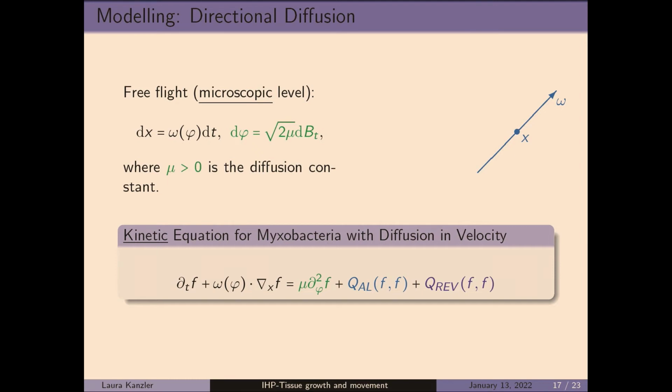So we added a Brownian forcing term with intensity mu, where mu is the diffusion constant. On a kinetic level, the equation is the same as before, but with this directional diffusion term here in green.